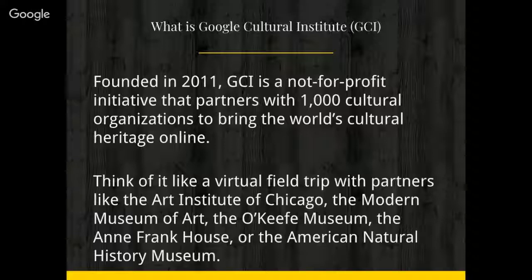So if you're interested in going to Istanbul, they have a partnership with some of the museums in Istanbul, Turkey, and you can look at artwork and artifacts from the Ottoman Empire. So think about the Google Cultural Institute as a way to experience, especially art, through a field trip, or experiencing history and the things that you get to see and view and think about on a field trip to any museum.